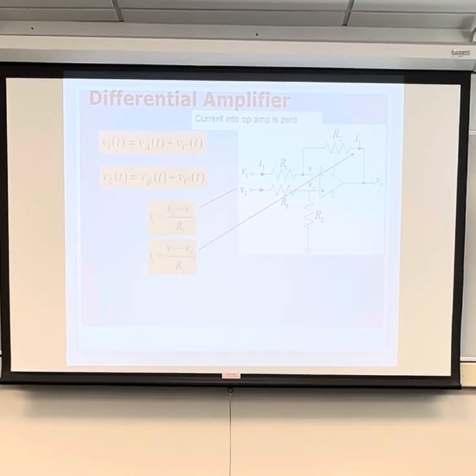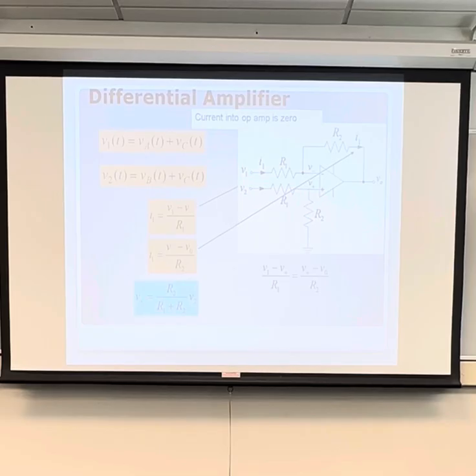Over here, we can do some math. It wouldn't be on the exam, but it's just to basically study the circuit, because we're trying to develop an equation for V out versus V1 and V2 on the input. We just notice the current in this pin is I1, here is I sub 2.